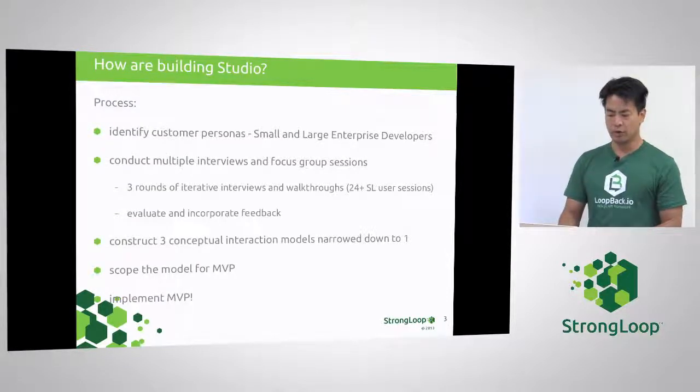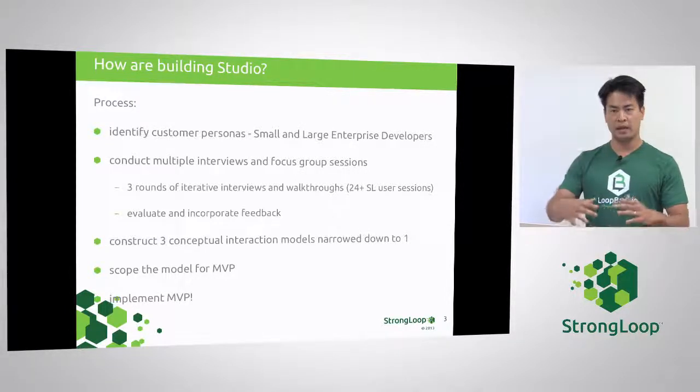Quick note on how we're building Strong Studio. It took us a while to actually start development, because we wanted to go through the process of learning about you, our customers. We've identified our customers' personas as small-time developers and large developers as well, trying to get a good sampling of requirements and get to an intersection of needs between the two.